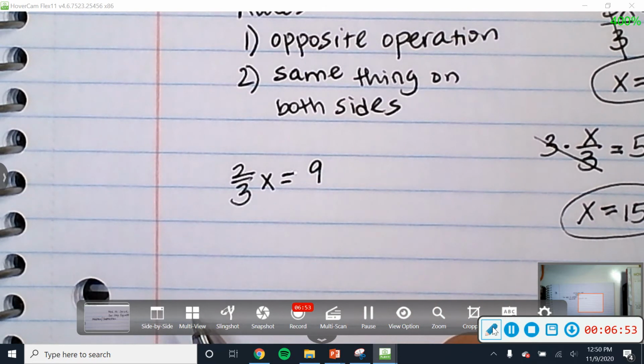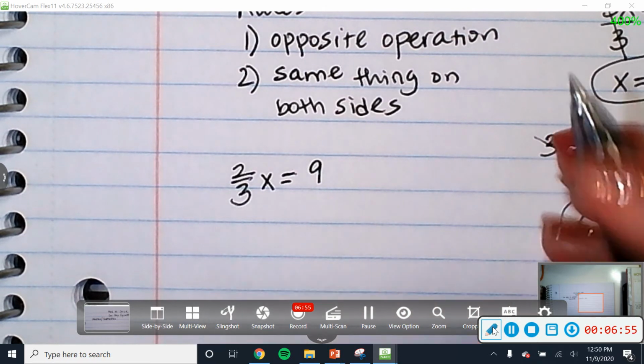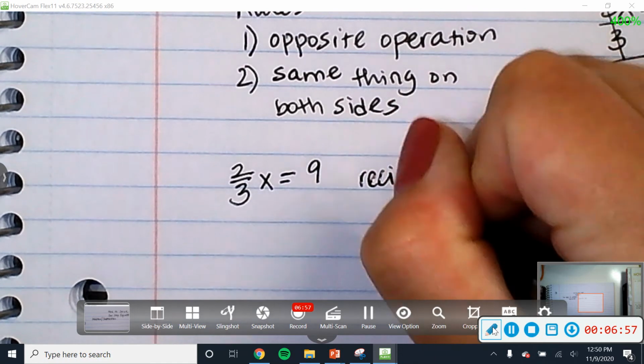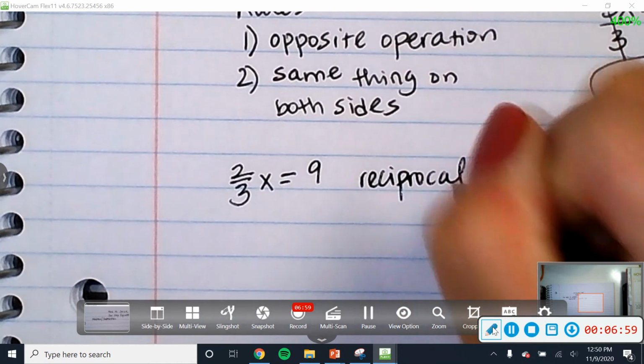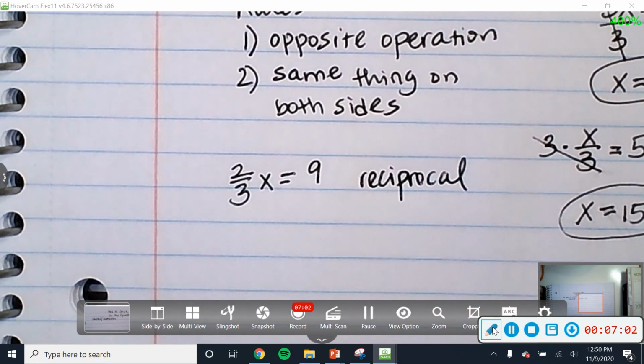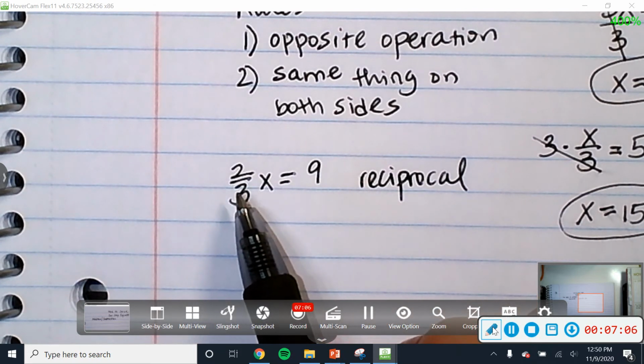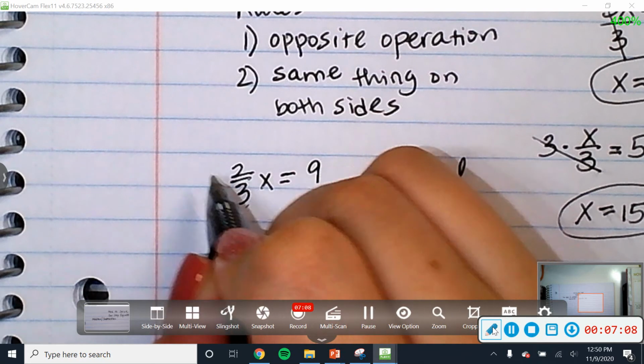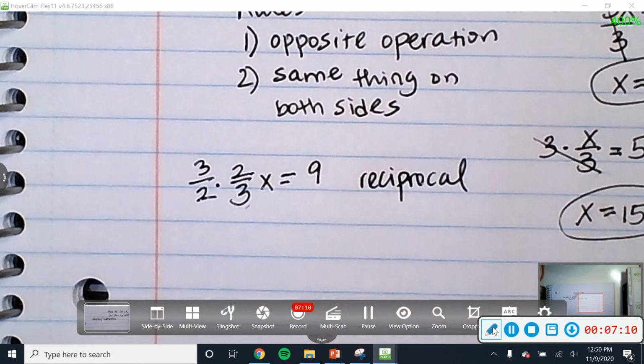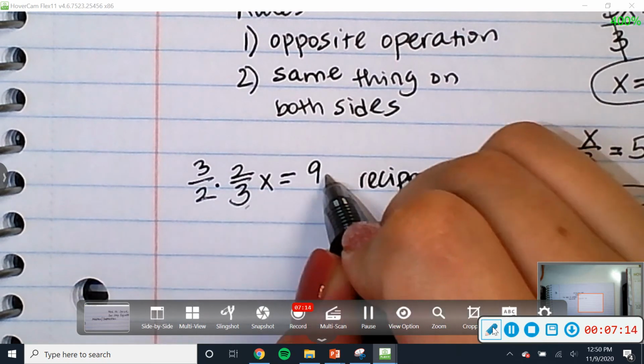Another method, though, that you could use is to multiply by the reciprocal. The reciprocal would be the fraction but flipped. So 2/3, the reciprocal of that would be 3 over 2. And we would want to multiply that on both sides.